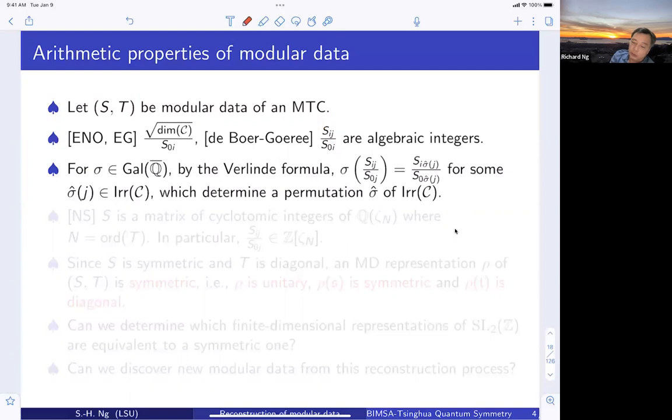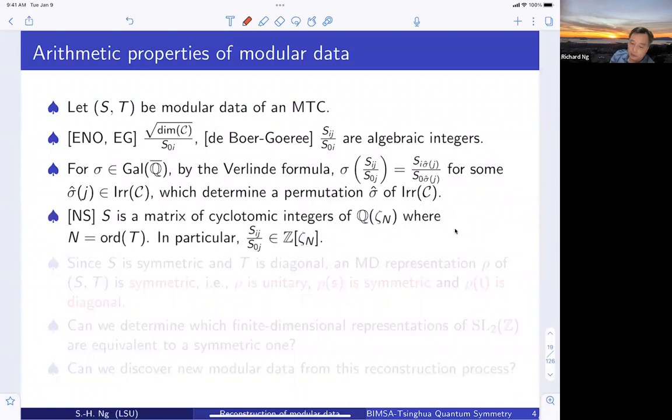Therefore, you're permuting the simple objects of the modular tensor category C. So each automorphism of the Galois group provides a natural permutation on the simple objects of C. It's a natural one. So this is an assignment from the absolute Galois group to the permutation group of the simple objects.